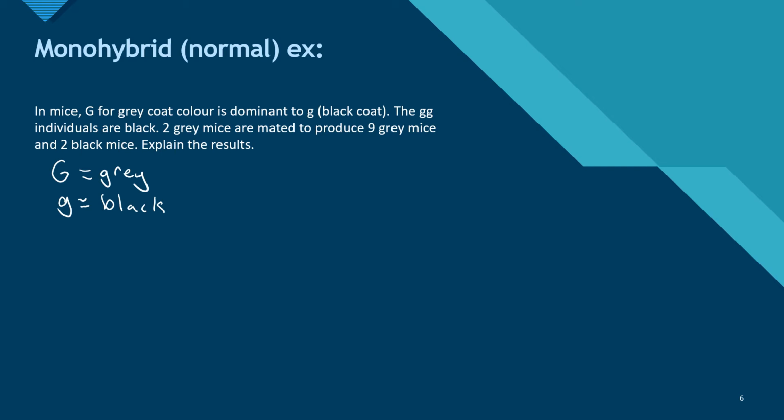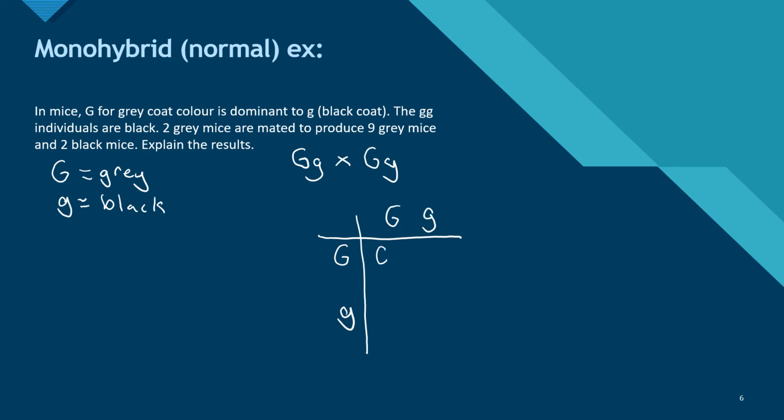So that means that we have to cross a big G and a little g times a big G and a little g. So we set up our Punnett square. It doesn't matter where we place these. We get big G big G, big G little g, big G little g, and little g little g.